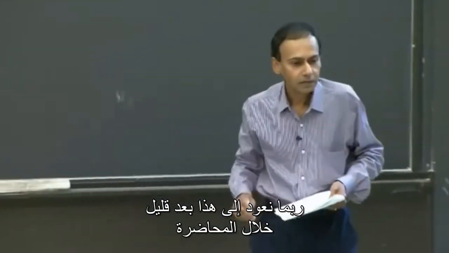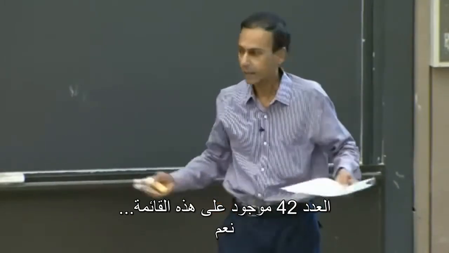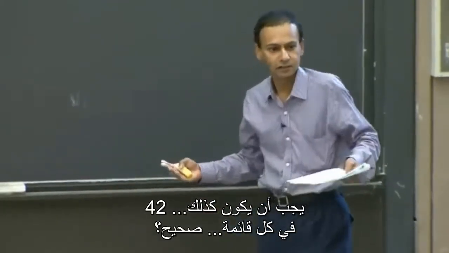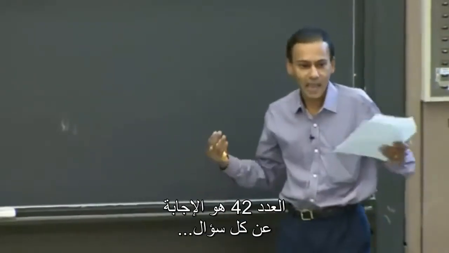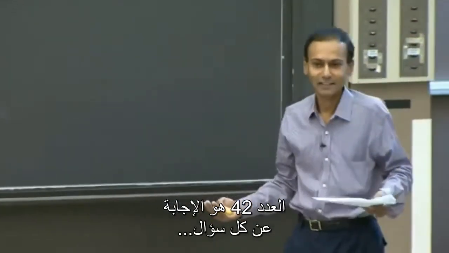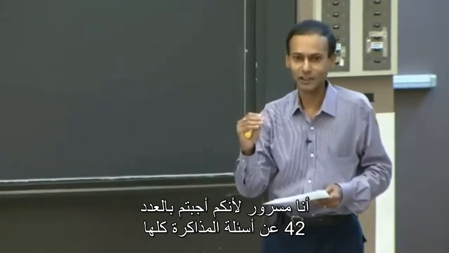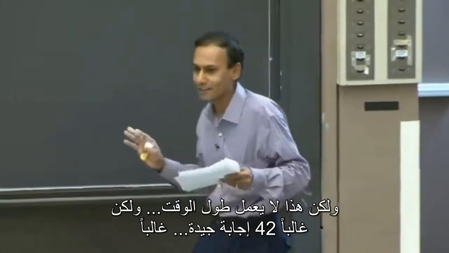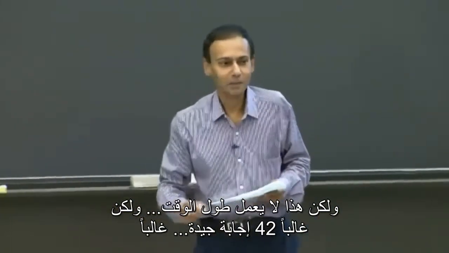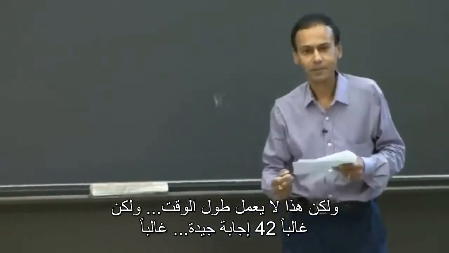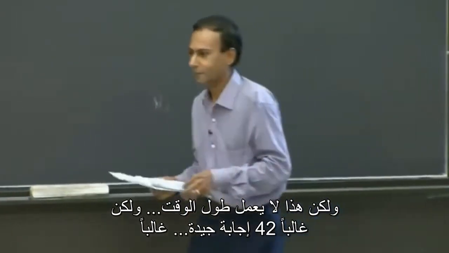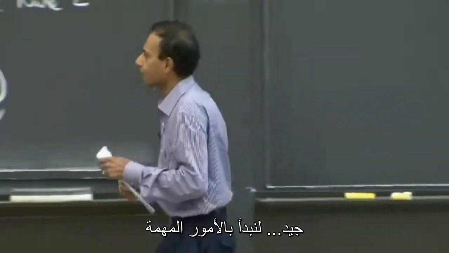But yeah, 42 is on that list. Yeah, it has to be. 42 is on every list, right? 42 is the answer to every question. Right? I'm glad you guys didn't put 42 down as the answer to every quiz question. It doesn't quite work all of the time. All right? But most of the time, 42 is a good answer. Okay? Most of the time. Right? Okay, good.